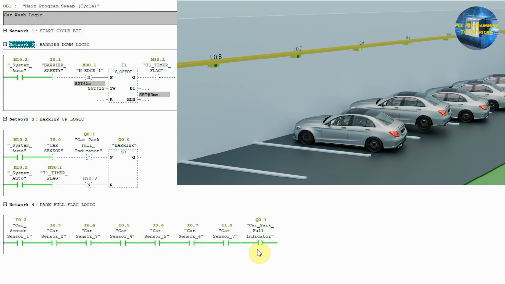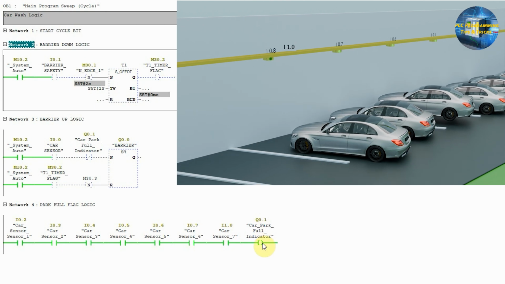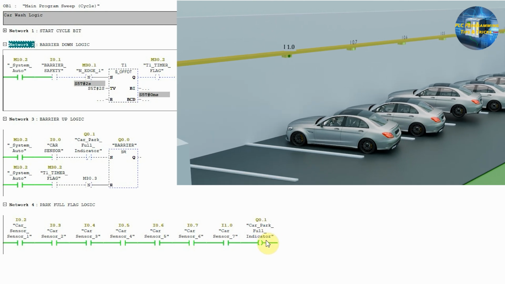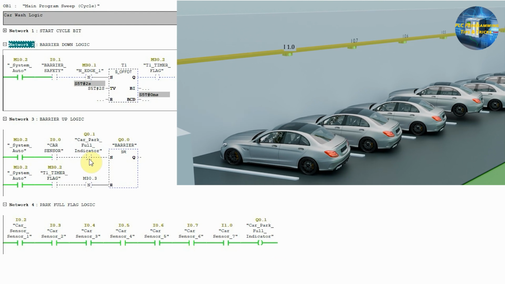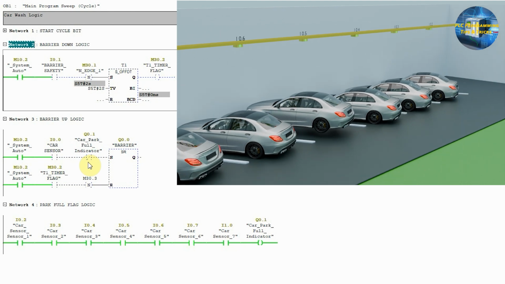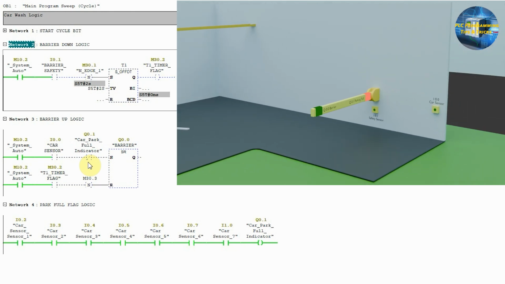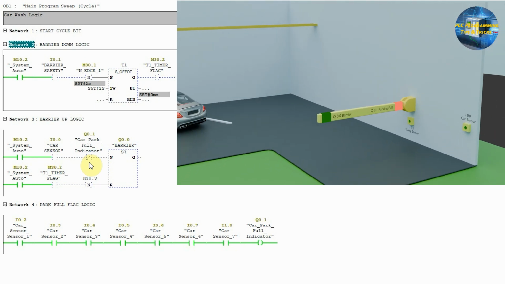And as the parking lot is full, this output Q0.1 turned on and it has opened up the normally closed contact in the barrier logic, and it will not allow new cars to come inside the parking lot.